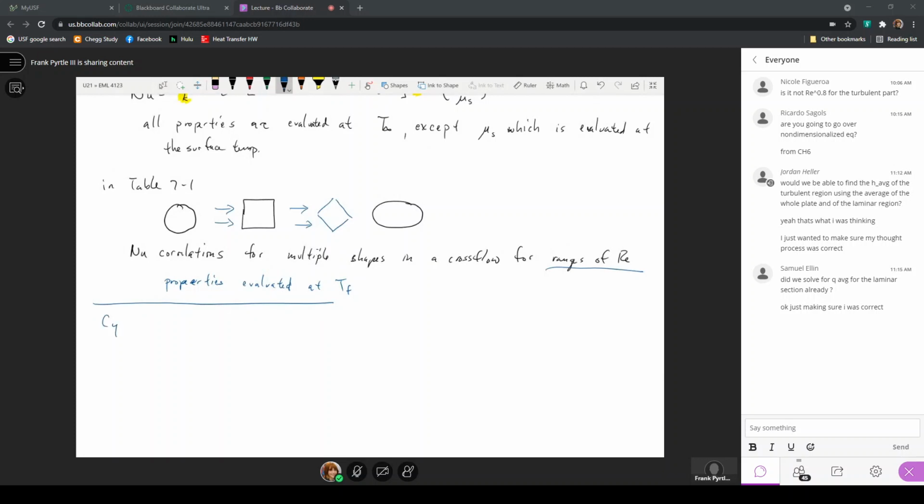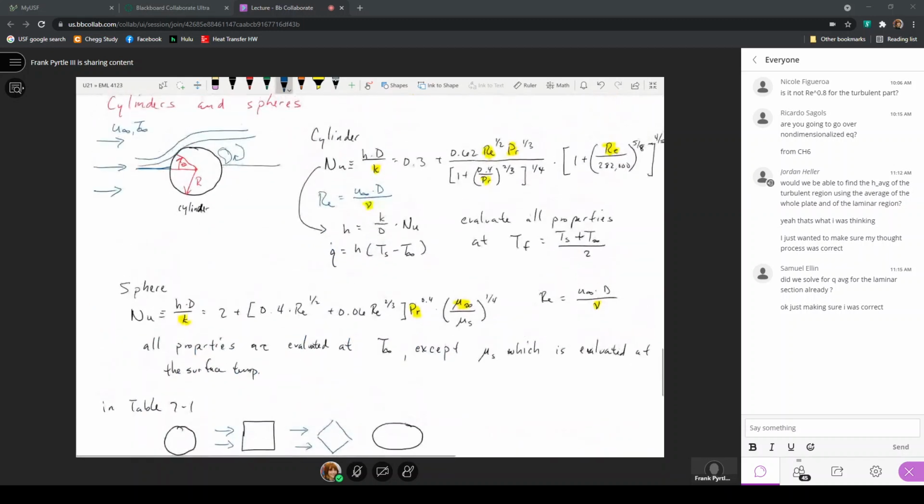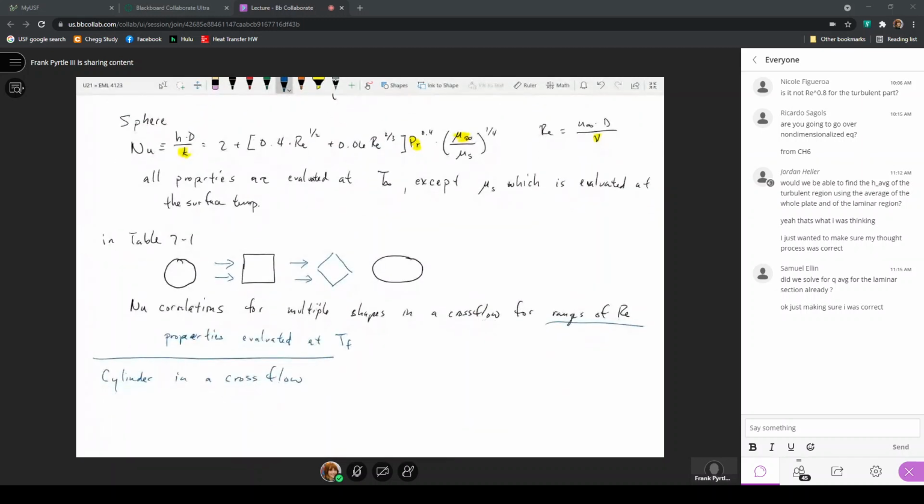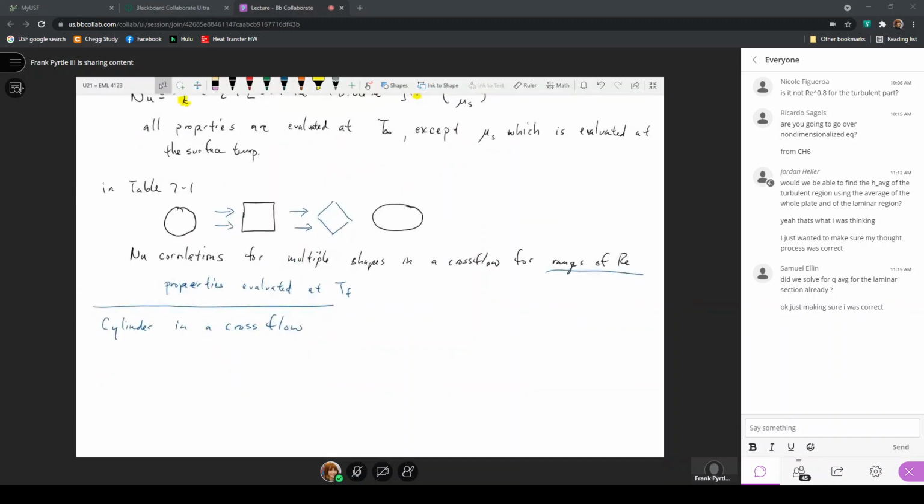We consider a cylinder in a cross flow. We can look at how we could solve this with this cylinder correlation, and we'll also look at the appropriate correlation for a cylinder in a cross flow from table 7-1.